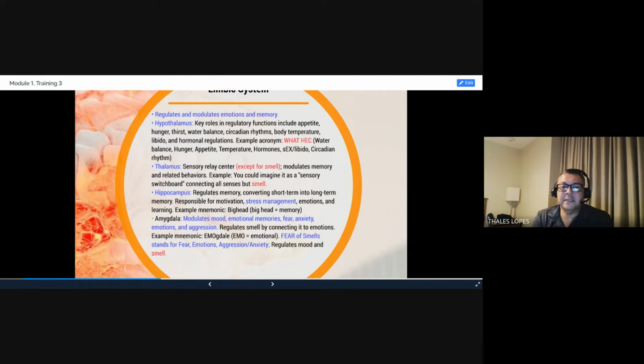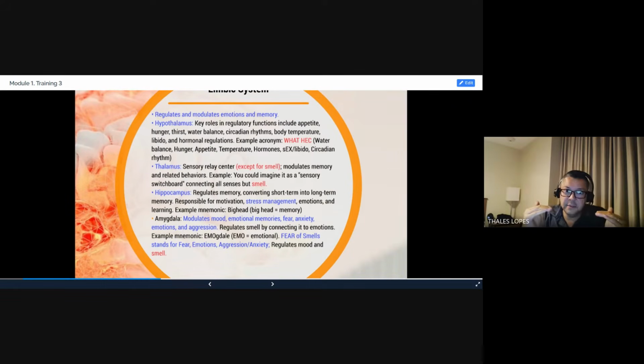So think of a sensory relay center. It modulates memories related to behaviors. You could imagine it as a sensory switchboard connecting all the senses but smell. And here, smell is super important. We'll cover this in just a second. All sensory input, so that your brain is not overloaded at one time, comes through the thalamus.